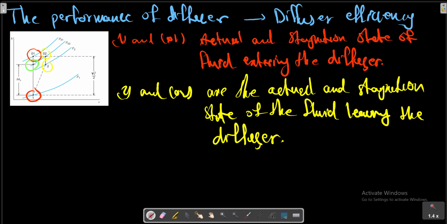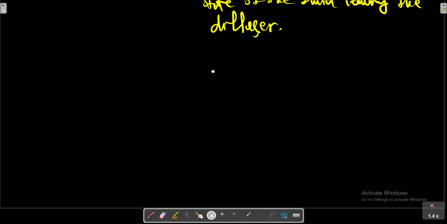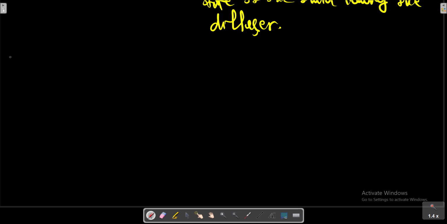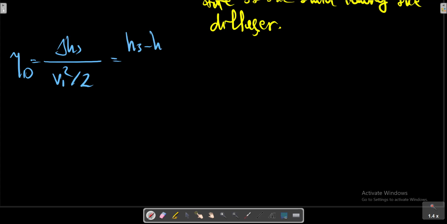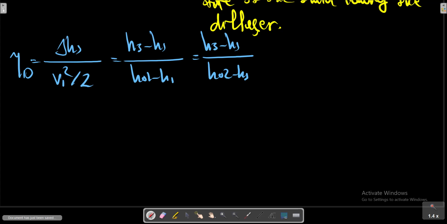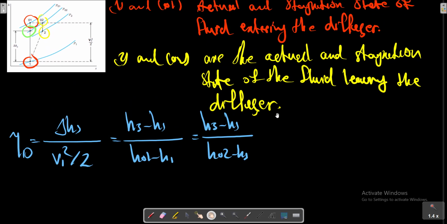In terms of this state, the efficiency of the diffuser can be written as this expression: eta diffuser equals delta h s over (h3 minus h1), that is, (h3 minus h1) over (h02 minus h1), as shown in this picture. This is point 3.